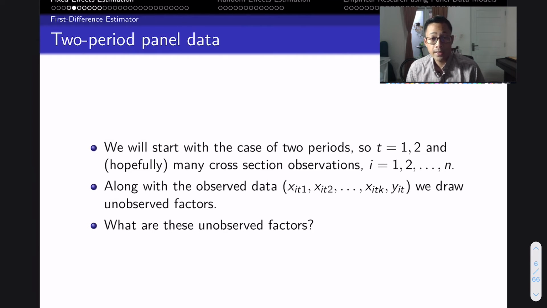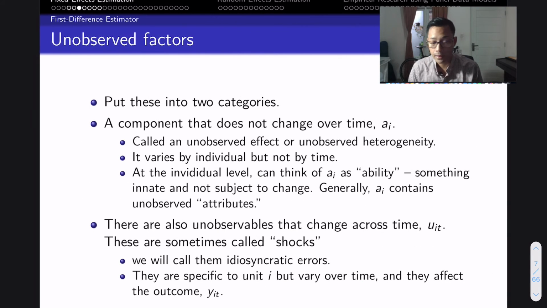Now let's break it down into finer components. There are two components or two categories. The first one is a component that doesn't necessarily change over time, and we're going to write this as a_i. This is called an unobserved effect or unobserved heterogeneity.